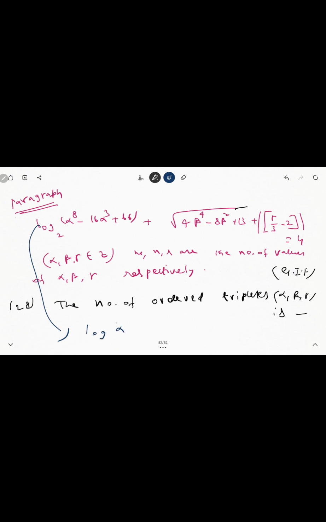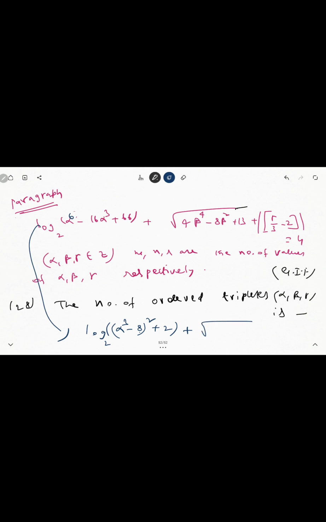Tell me, alpha power 6, root is alpha cube minus 8, half of the coefficient of alpha cube is 8, whole square, 66 minus 64, so 2 only. Clear? It is called the completing square method.